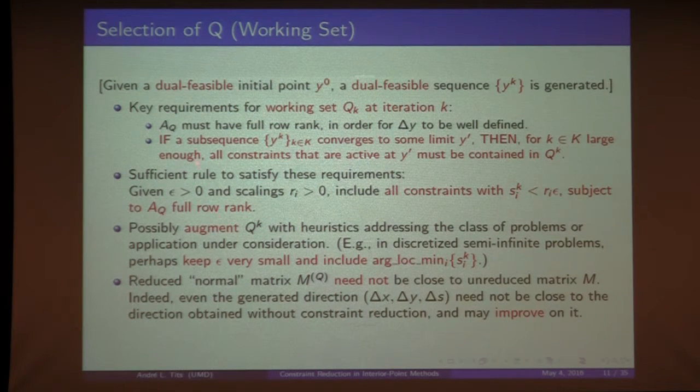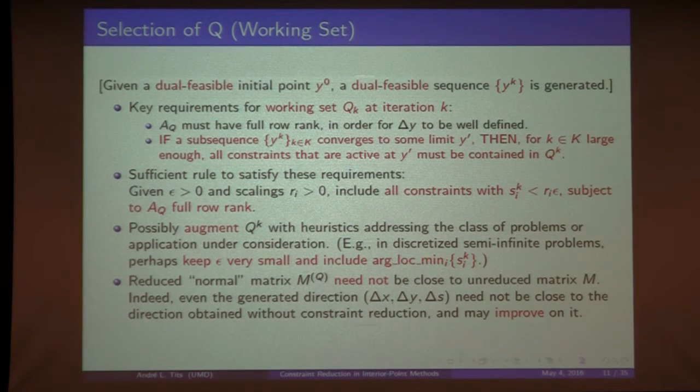Now the key condition you need to satisfy when you form your set Q_k is this: if y^k is the sequence of dual variables constructed by the algorithm, and a subsequence of it converges to y', a limit point, then for k large enough, all constraints that are active at y' must be contained in Q_k.